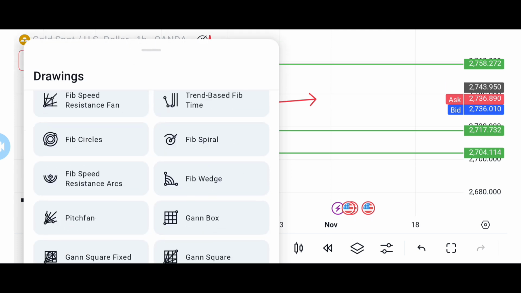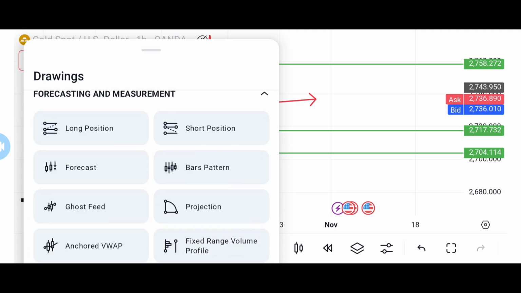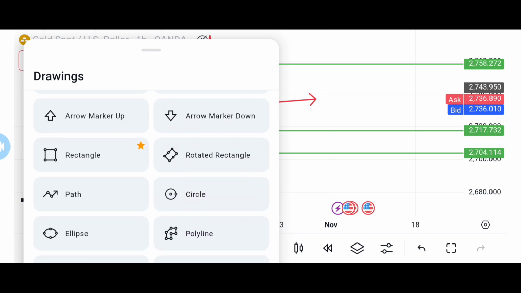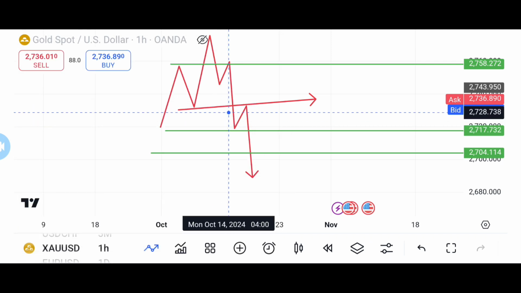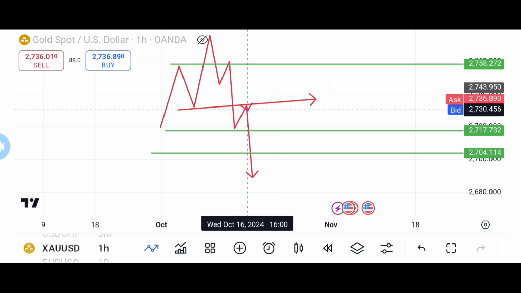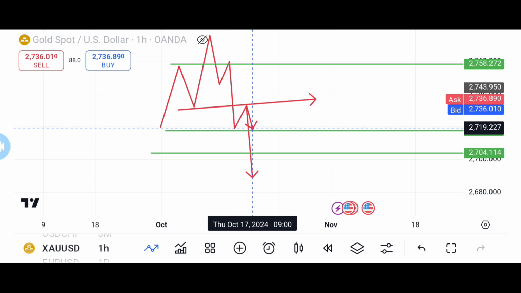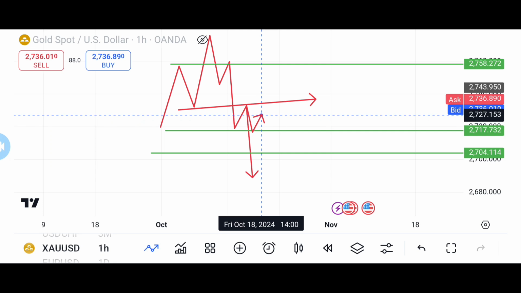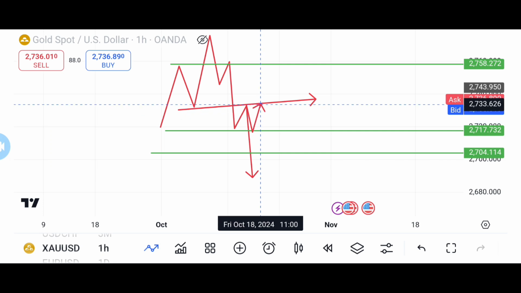So the rule is, remember, once the price hits TP1, it always has a tendency of going back to our entry zone. So the price will come, we shall enter there, and take TP1 here. Always the price tends to retrace back to our entry zone.